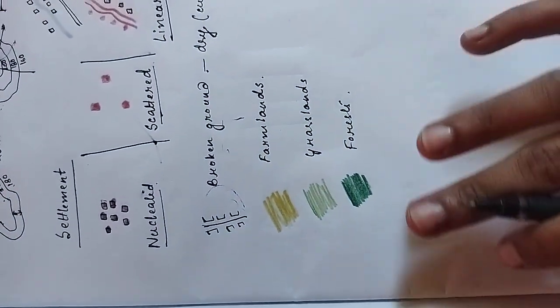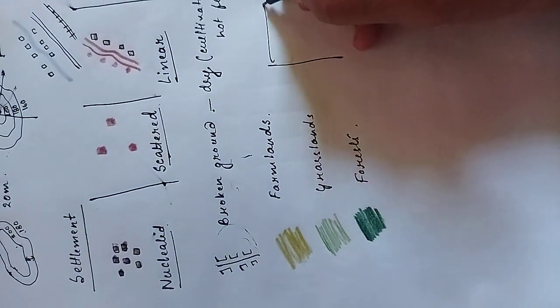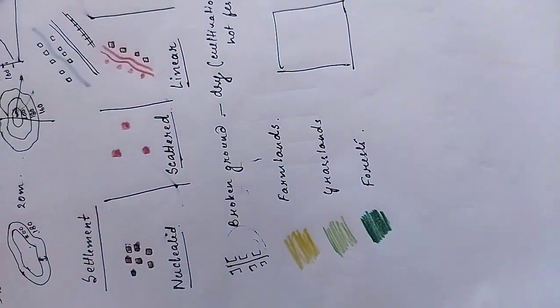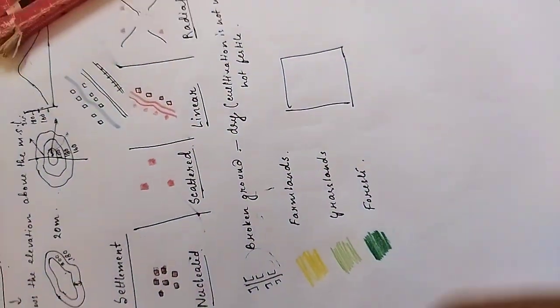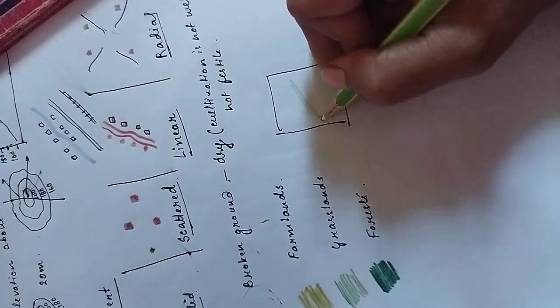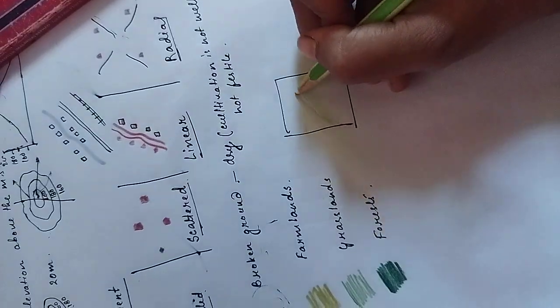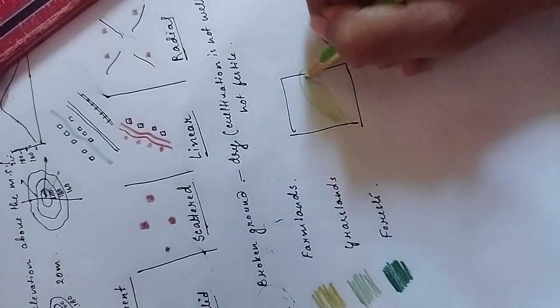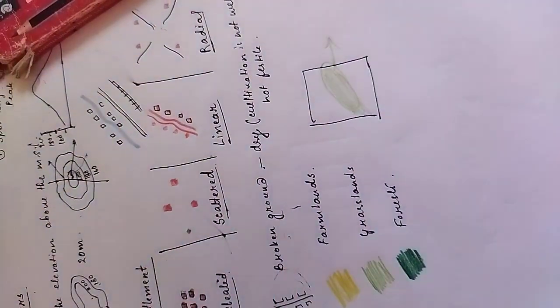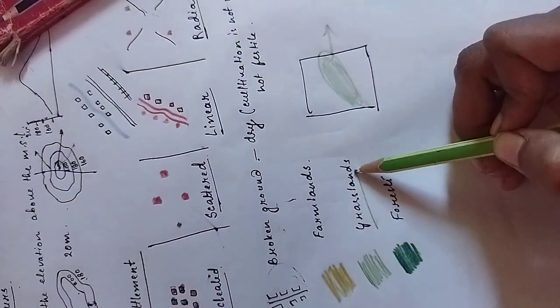This means broken ground. And generally in the map, if we see a light green color in a particular area, then we can say that it's a grassland.